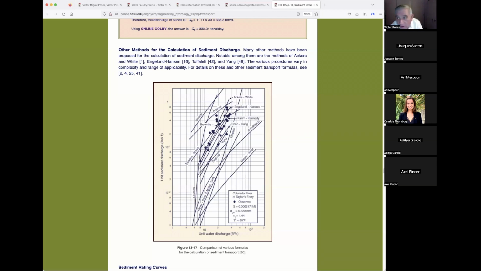We waited for the flood to come because on that particular river, you can't measure the sediment while it's not raining, because it's almost an ephemeral river, basically. It's a very low discharge during dry flows. So we waited for 6 months for the flows to come and we measured it. We did 3 measurements over a period of a month. And sure enough, the measurements came on top of the curves, particularly the Colby. And I'll show you that later on. So they were convinced that there was nothing wrong with the Colby.